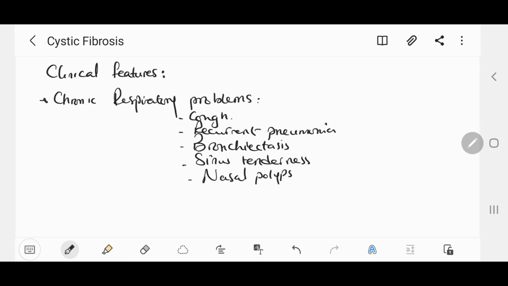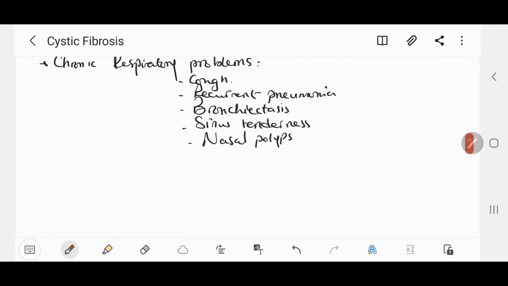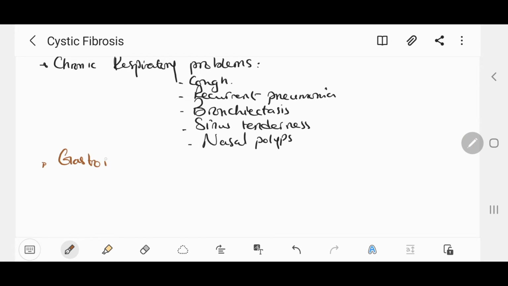They'd also be having gastrointestinal problems. So we start with the babies. They can first present with meconium ileus in 10% of babies.